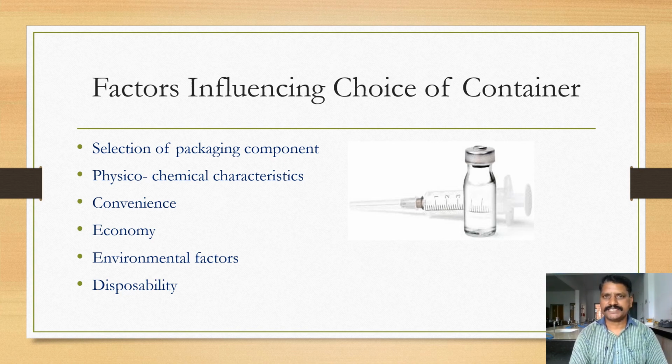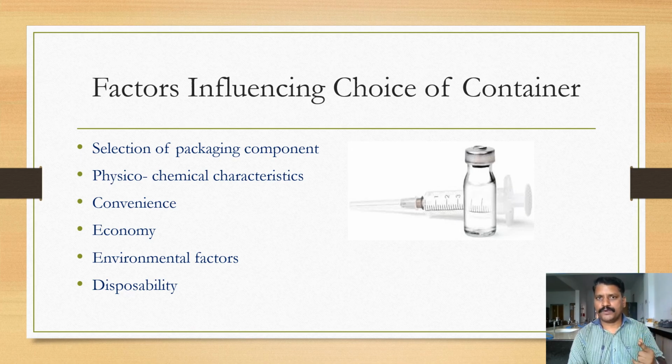Then convenience. From the point of view of the consumer, the distributor and the producer or manufacturer, the container, whether it is a glass container, plastic container or rubber closure, should be convenient. Convenient to manufacture, convenient to mold, convenient for transportation, stability, etc. Then economical.